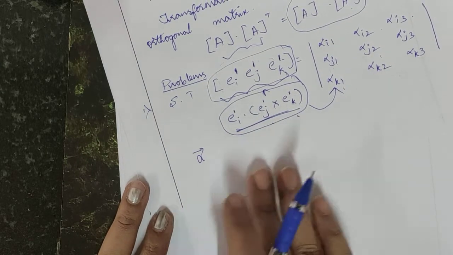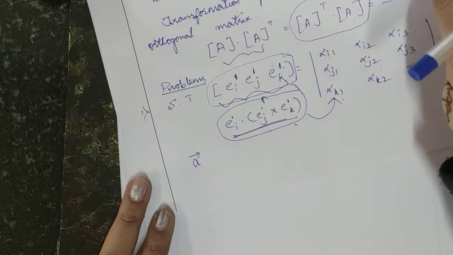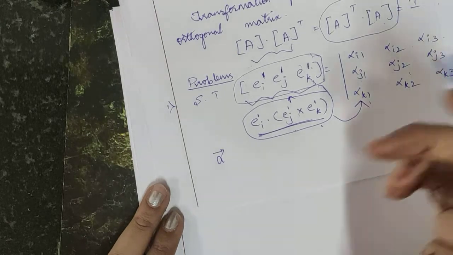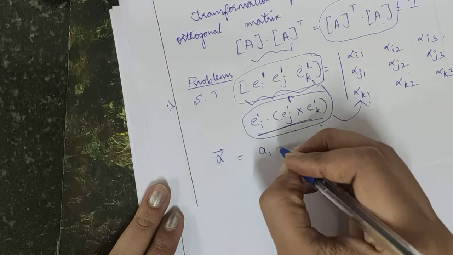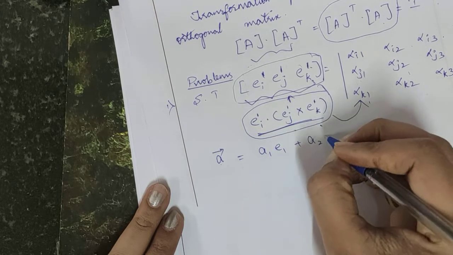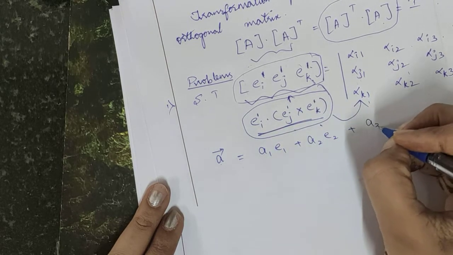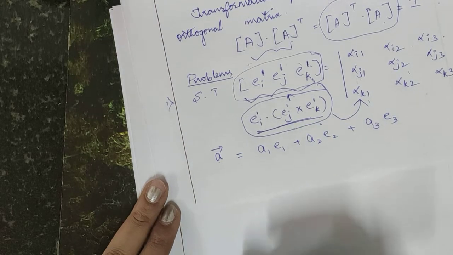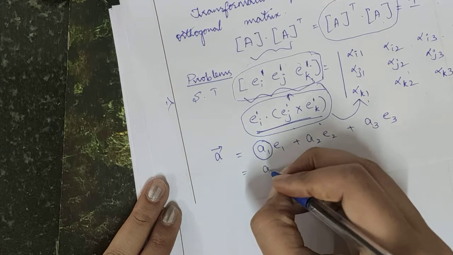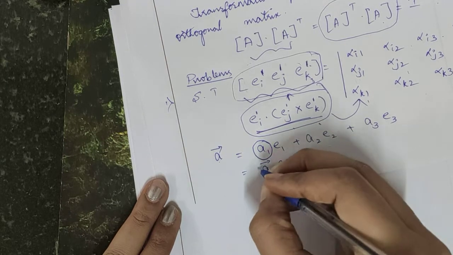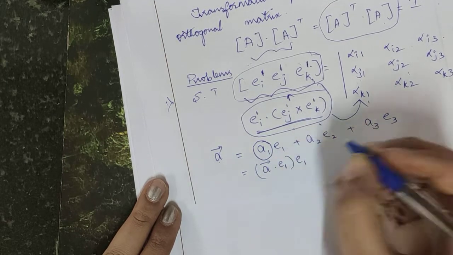We know that any vector can be expressed as a linear combination. So for this, the linear combination we can write as A1 E1 plus A2 E2 plus A3 E3. Again, A1 can be rewritten as vector A dot E1, as it is.